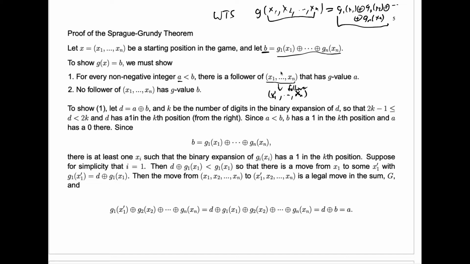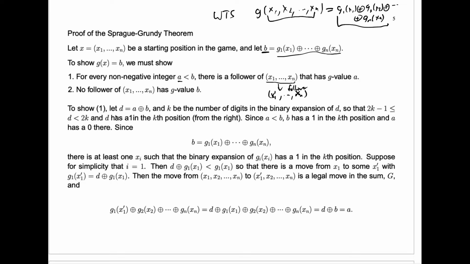You might pick game 2, in which case you would change x2 to some x2 prime using a follower of x2. A follower of this position, which is an n-tuple, is another n-tuple where only one of the positions is changed, and the one that's changed is changed from some position in the game to a follower in that same game. So we have to show these two things. For every non-negative integer a less than b, there's a follower that has Sprague-Grundy value a.